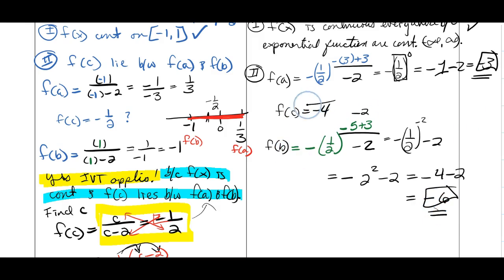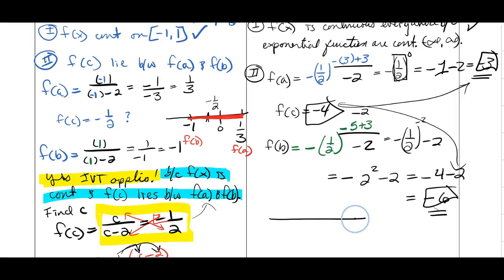Does f of C, negative 4, lie between them? I like looking at the number line. Here's my 0, negative 6, and negative 3. Here's the area between. Does f of C, negative 4, lie between these? Yes, negative 4 would be in here.